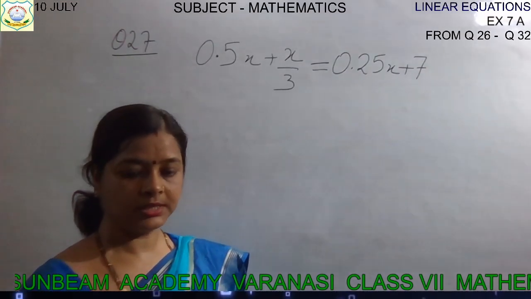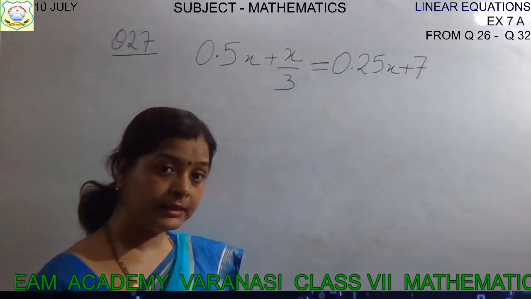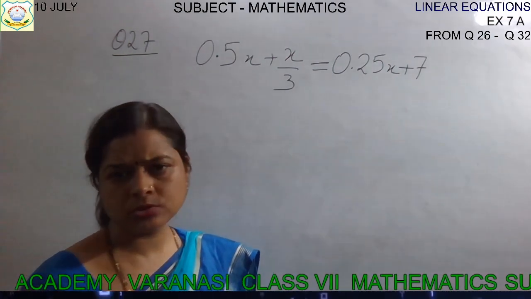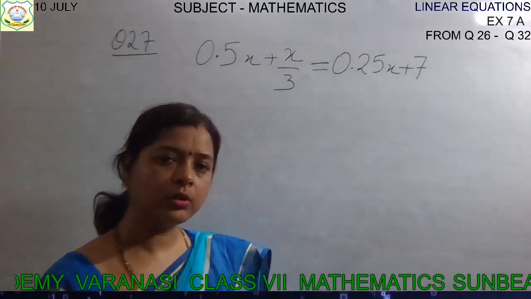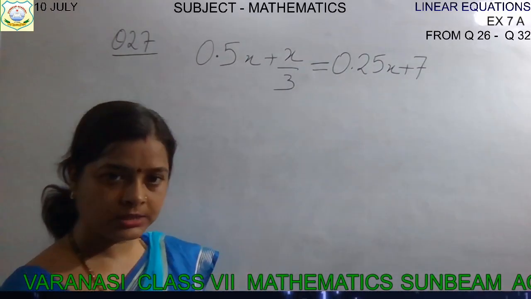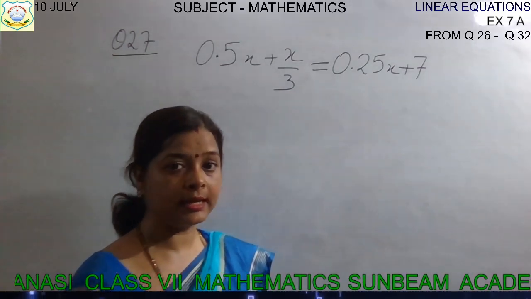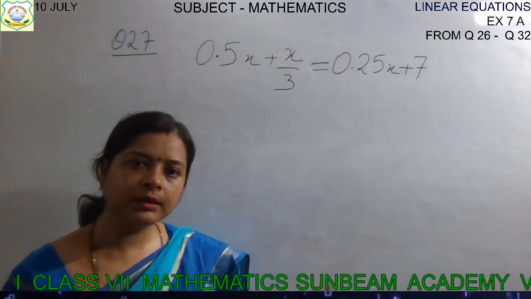Now let's proceed. Children, it is a decimal based question. Either we convert it into fractional form and then we can solve it, or we can take the decimal as it is and then we can solve it. You can see there is one denominator, that is 3. So in this case we are not going to find the LCM of denominators. Why, children? Because there is only one denominator.